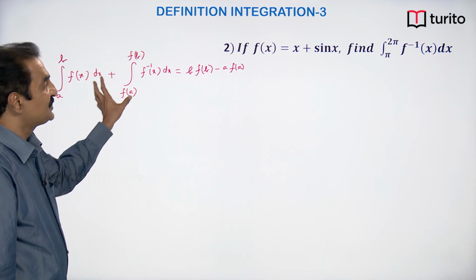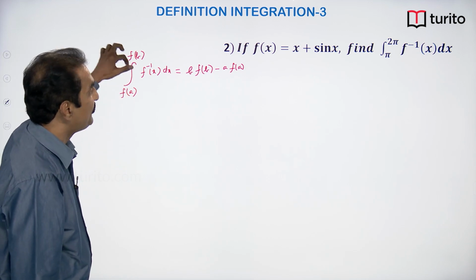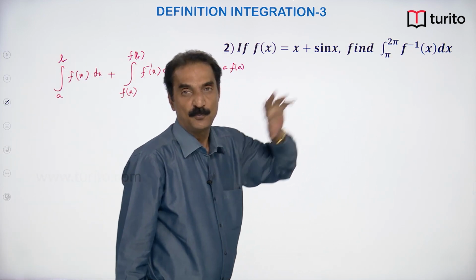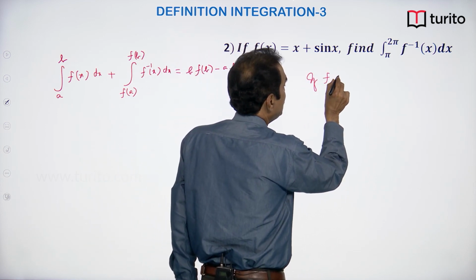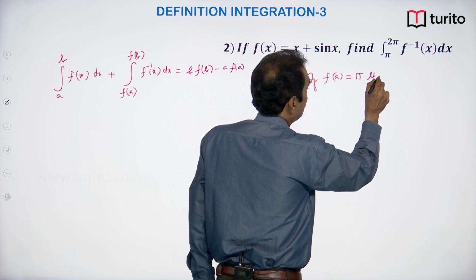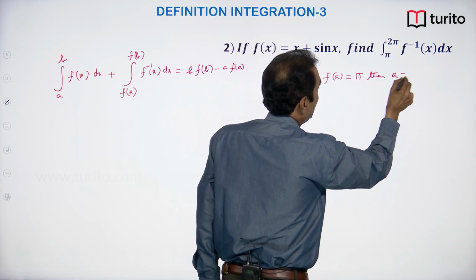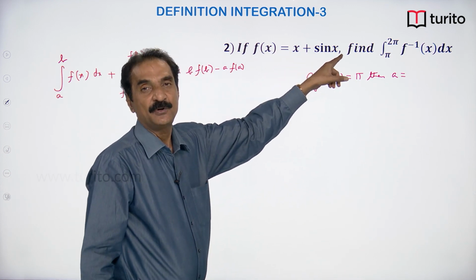So, we are going to use this formula. Here f of a and f of b are pi and 2 pi. If f of a is equal to pi, then what is the value of a? f of a is a plus sin a is equal to pi.